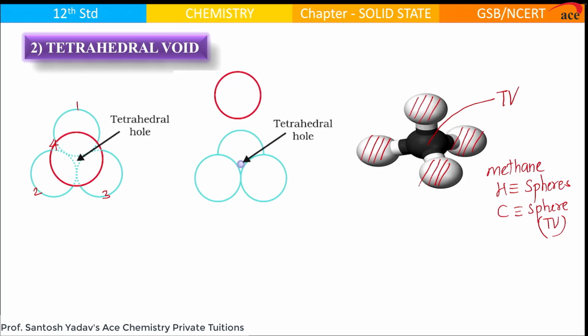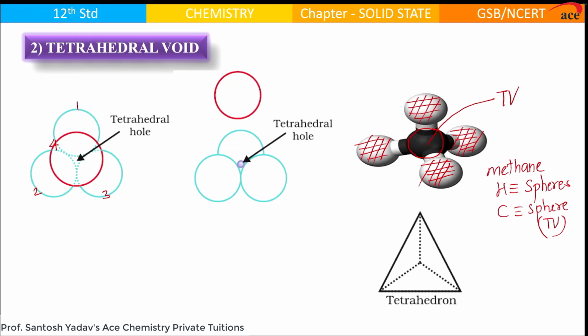Here carbon is a larger sphere, but you imagine carbon as a smaller sphere and hydrogen as a larger sphere. That means this carbon is like our tetrahedral void, and the hydrogens, imagined as bigger spheres, are the actual spheres making up the tetrahedral void. Because it has a figure like a tetrahedron, the void got the name tetrahedral void.